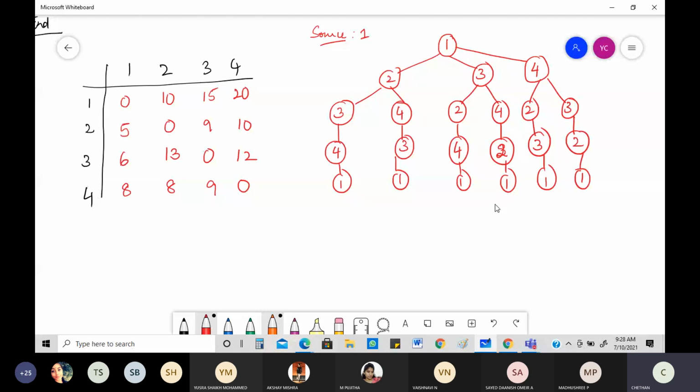Cost of I and S, I being your starting vertex, S is a set of remaining vertices, equal to minimum of cost from I to K, K being any vertex that will be chosen, plus G of K, S minus K. I will write it in square brackets. This is a very simple formula. Now this K can be anything, right?